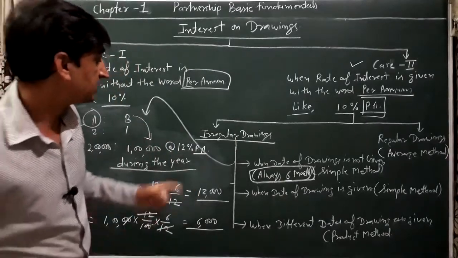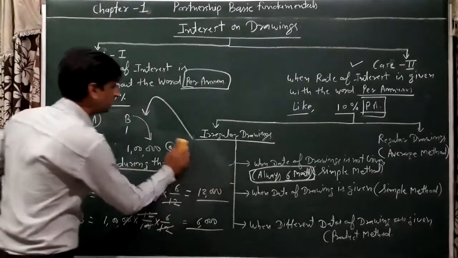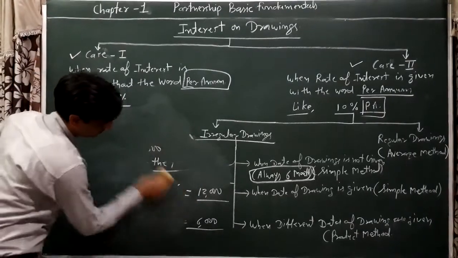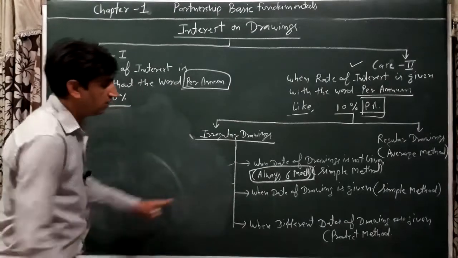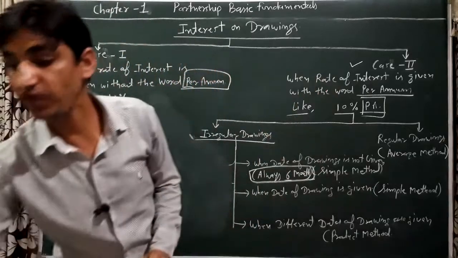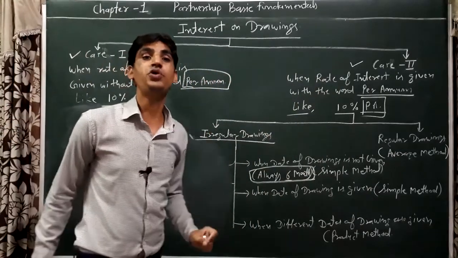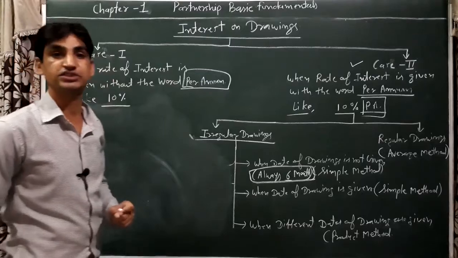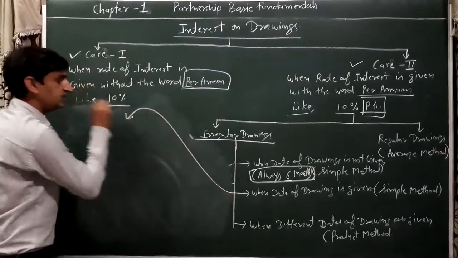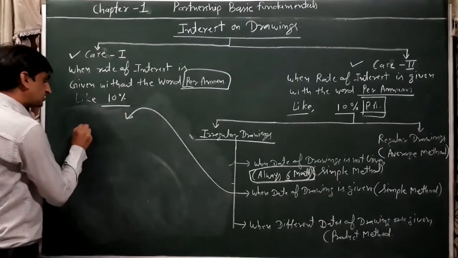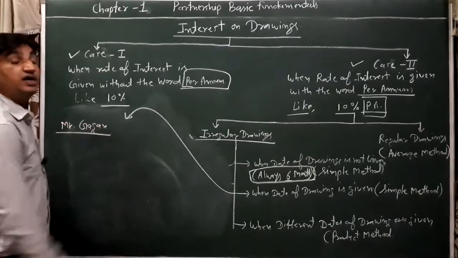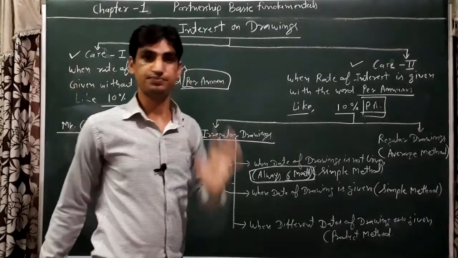Now we will discuss the second important concept. The second important concept here is when the date of drawing is given in the question. For an example of this condition we are discussing here: Mr. Gagan is a partner in a firm.